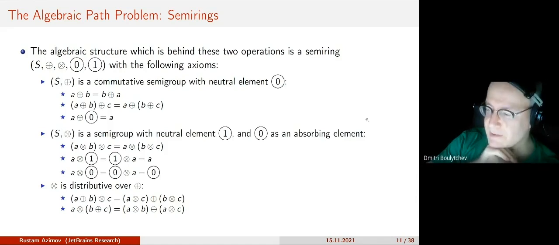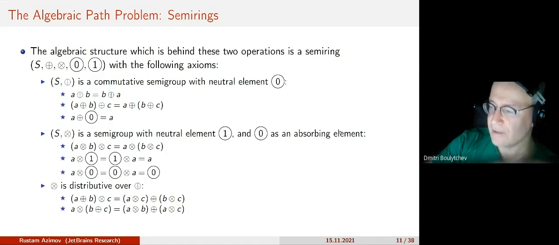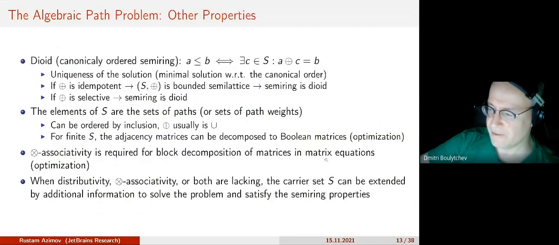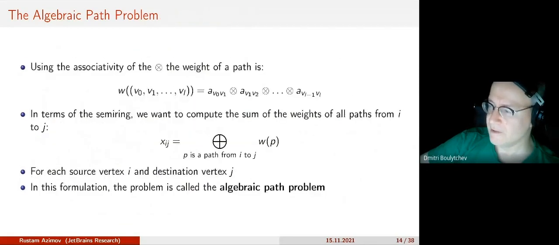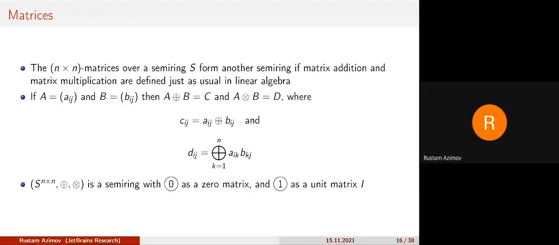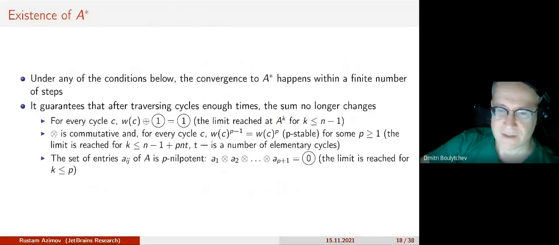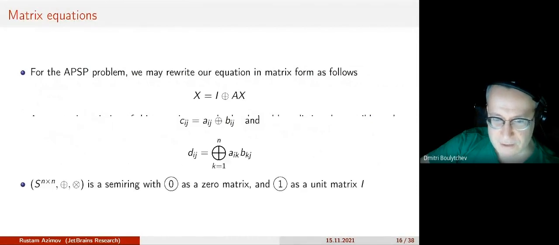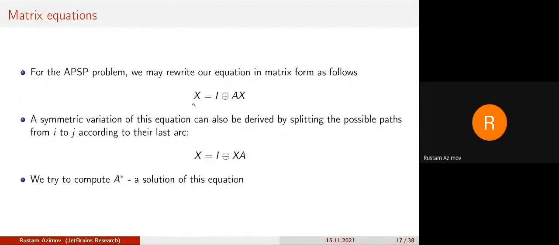I was asking if the A-star algorithm, the heuristic search for the shortest path, can be formulated in these terms. Sorry, which algorithm of shortest path? Yeah, I just saw it on the previous slide. Yes, here.